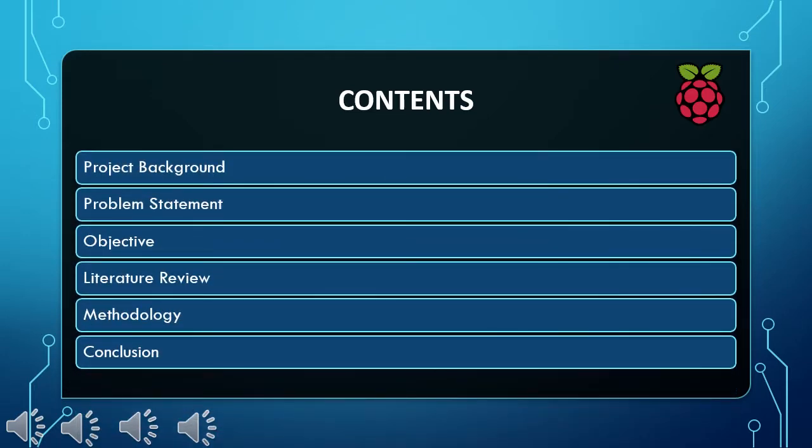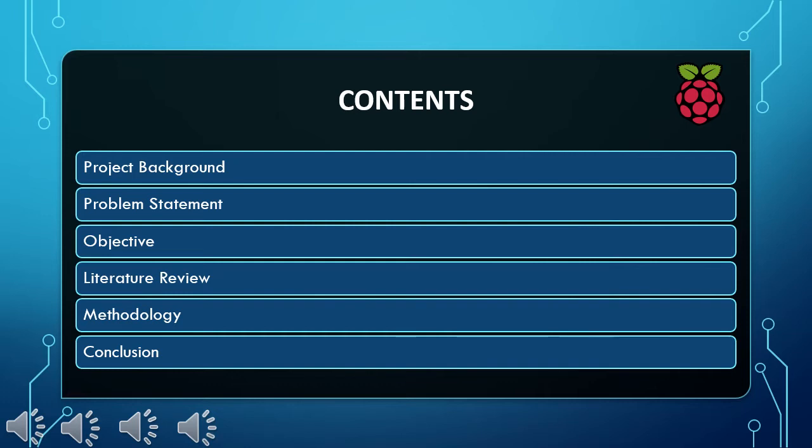For the content of this presentation, first is project background. It contains a common description of what is expected to be done within the project. Second is project statement. It's described of an issue to be addressed or a condition to be improved upon the progress of the project. Third is objective.